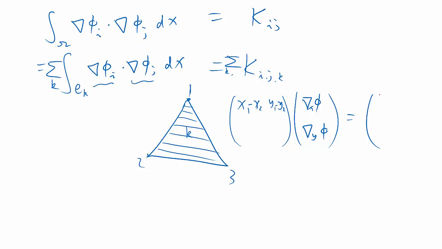If I do the same thing with x1 minus x3 and y1 minus y3, it should be the value here minus the value here, which is again 1 minus 0. So basically, I can compute the gradient of the basis function by inverting a 2 by 2 matrix.